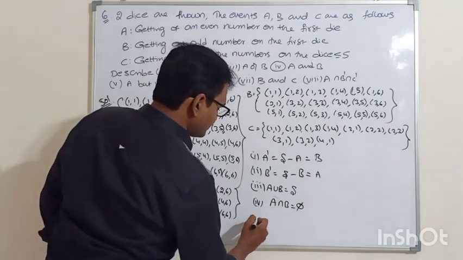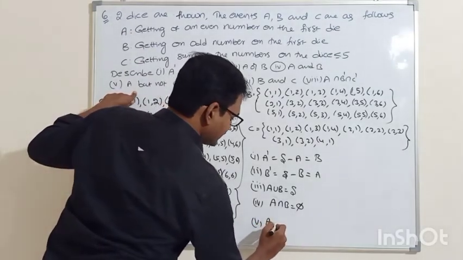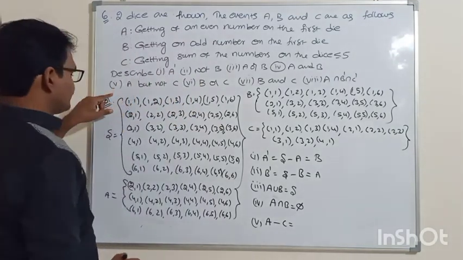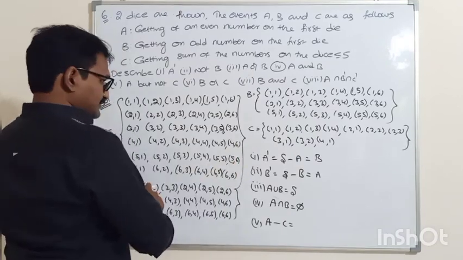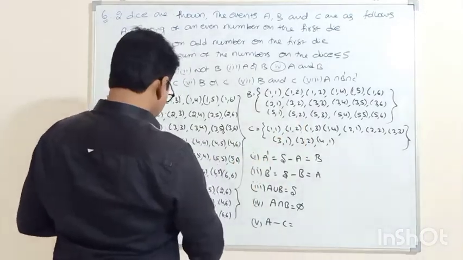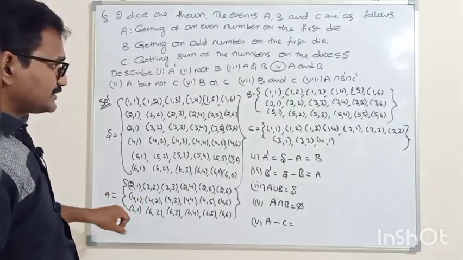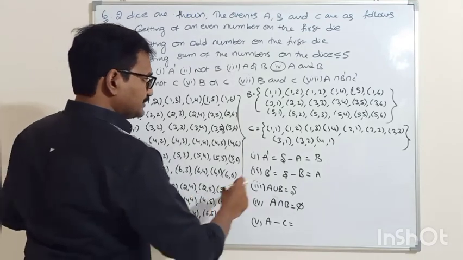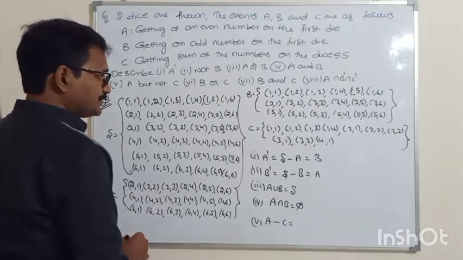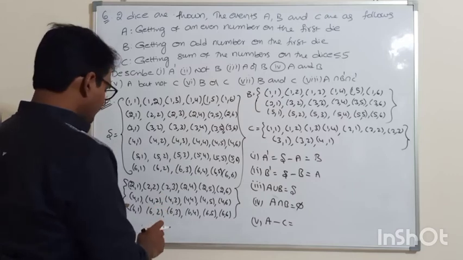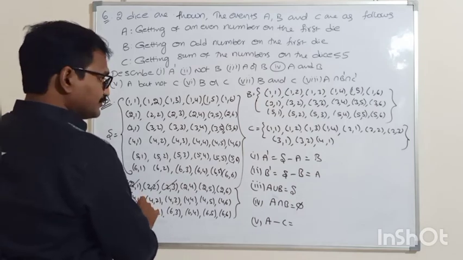Next, fifth question. A but not C. A but not C means A minus C. So from A, if you remove C: 1,1 is not there, 1,2 is not there, 1,3 and 1,4 are not there. 2,1; 2,2; 2,3 we need to remove, and similarly 3,1; 3,2 and 4,1.